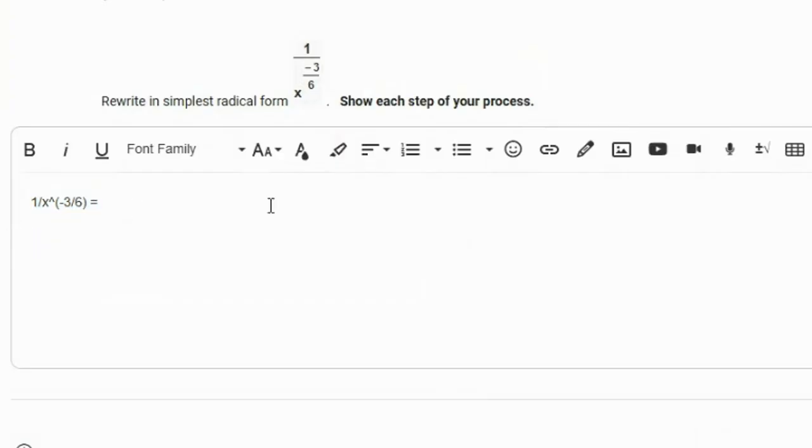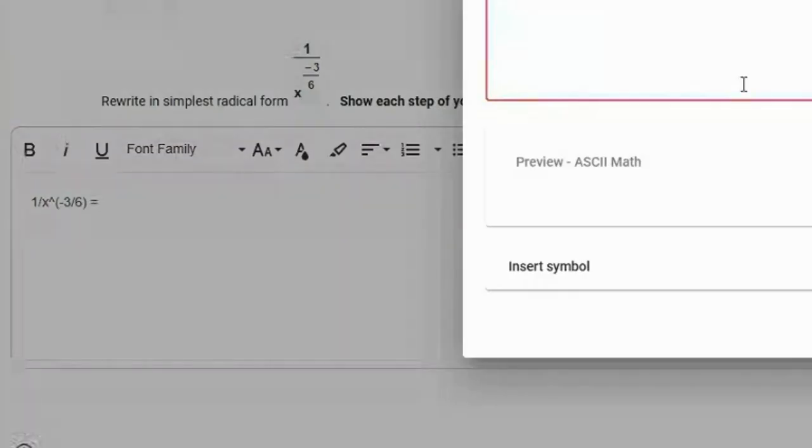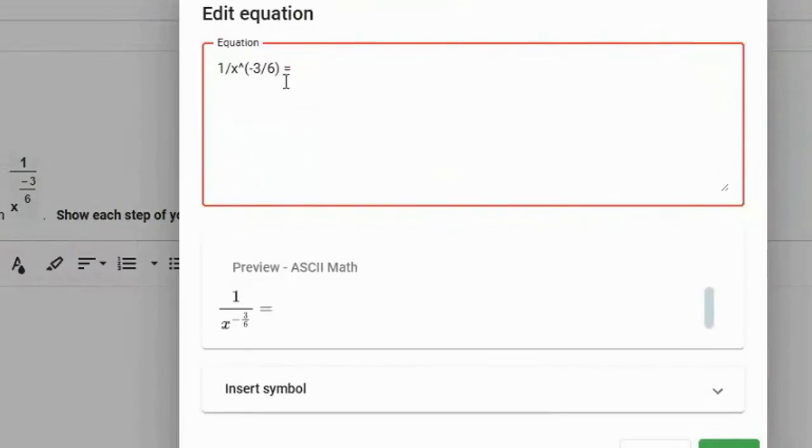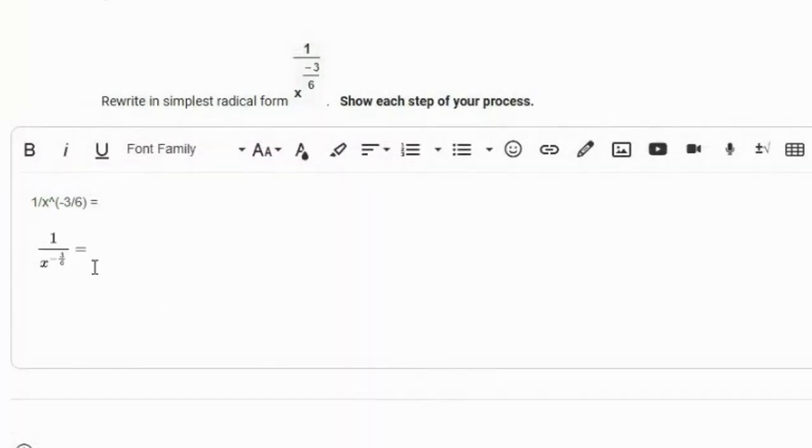But if I insert equation and type that exact same thing, now it looks like this: 1 over x to the negative 3/6 power. Much easier to understand. So make sure you're using the insert equation button when you're typing equations into Buzz.